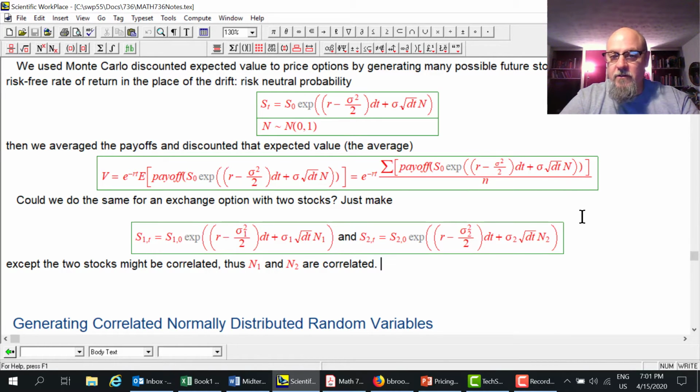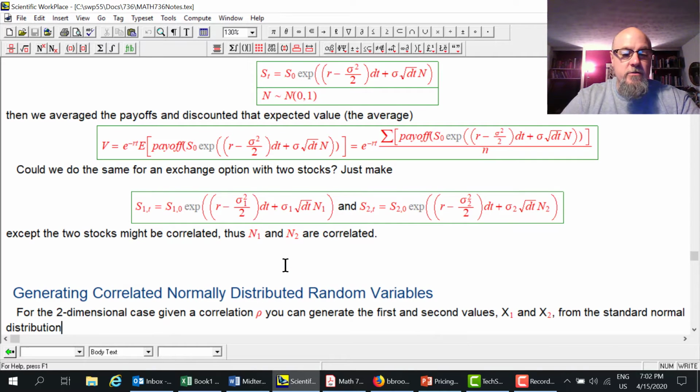We could totally do this, except we need to know how to randomly generate normal random variables from normal distributions. Both have an average of 0, both have a standard deviation of 1, but they're correlated. And the correlation has to be something that we can dial in, that we can choose. So now this becomes our new problem.